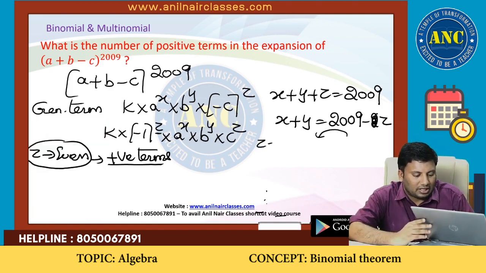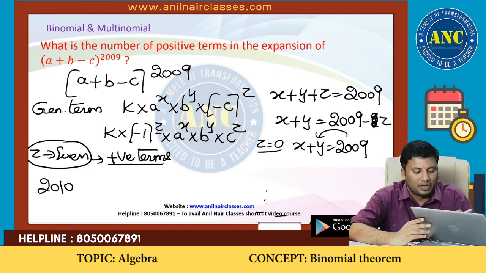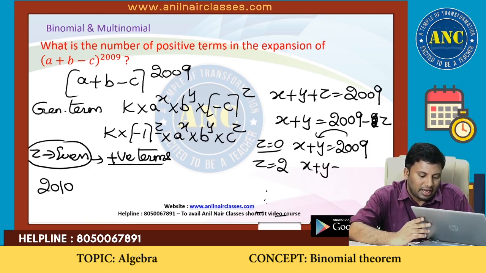If z is 0, then x plus y equals 2009, which gives 2010 terms. If z equals 2, then x plus y equals 2007, which gives 2008.